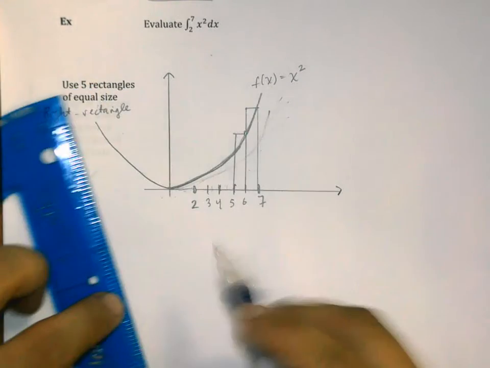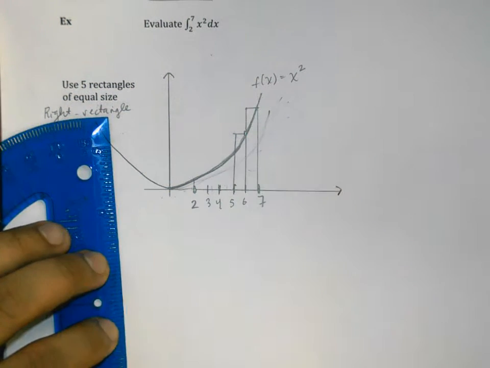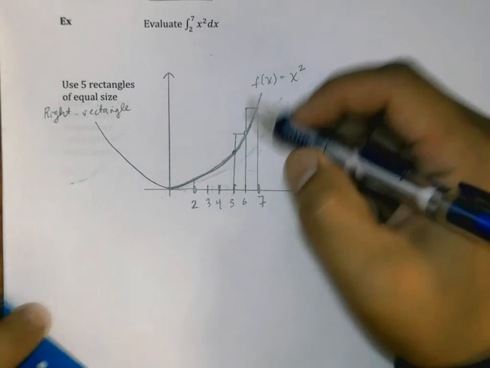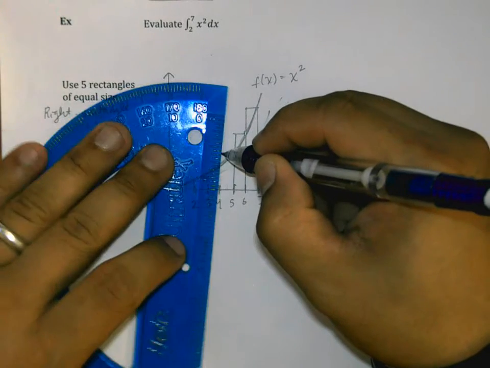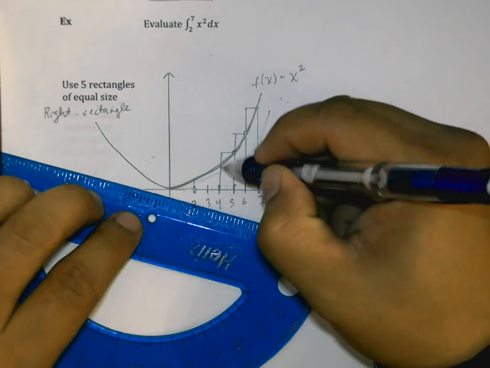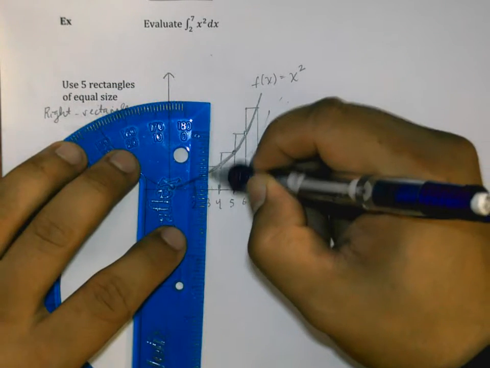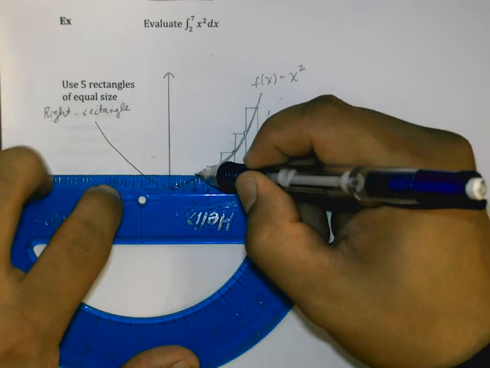And then just repeat this process until I get all the way down to 2. By doing so, I should have exactly 5 rectangles. They're supposed to be equal sized. I didn't do a very good job here, but hopefully they're not too far off from the actual answers.